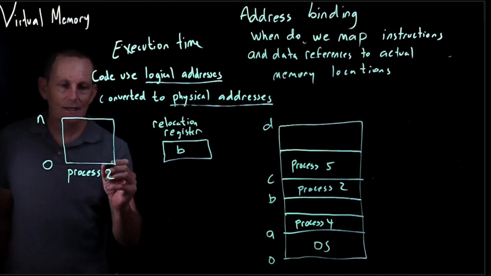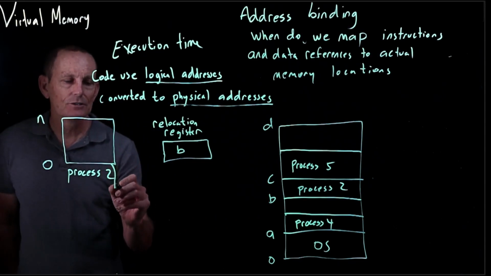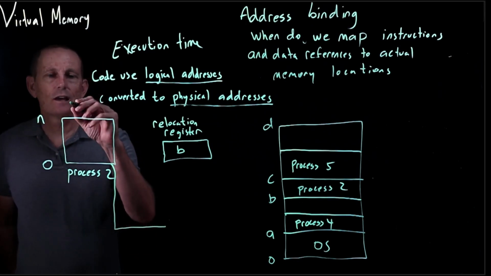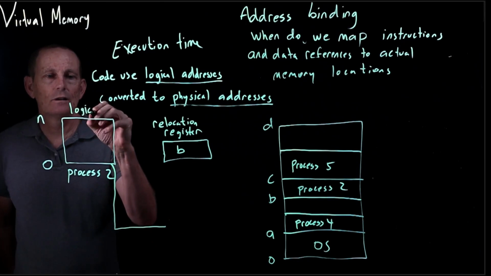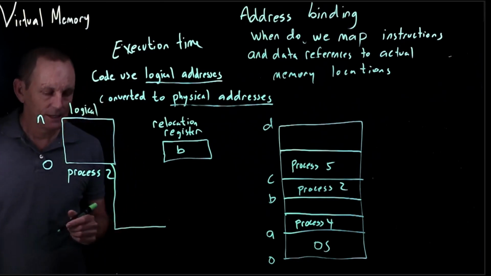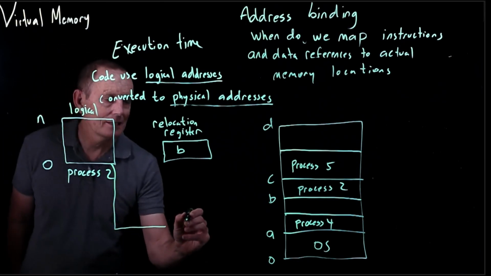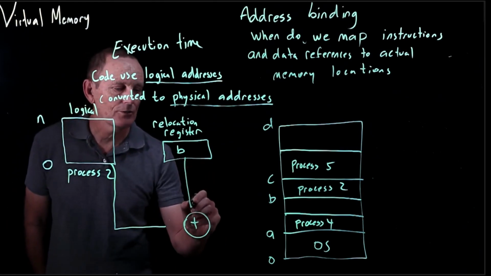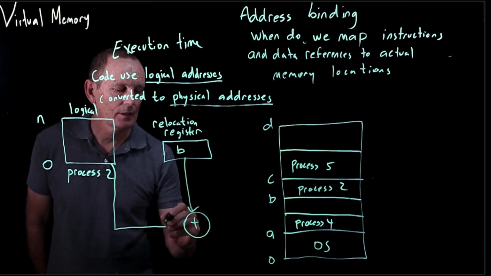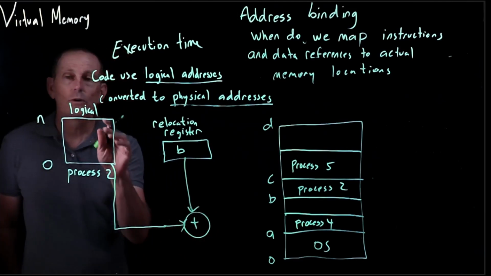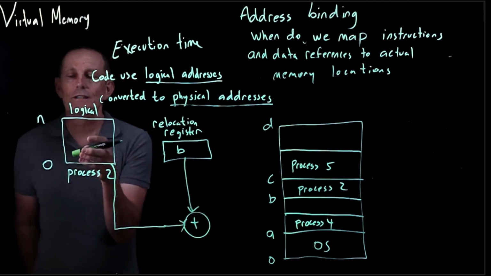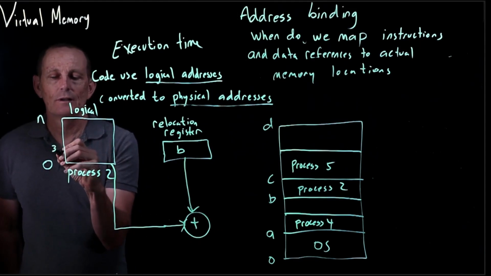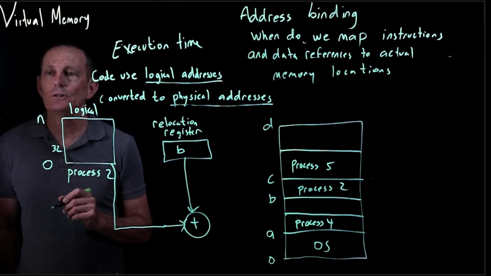And then what happens is any reference to a logical address is going to get added to the relocation register. So we take a logical address, for instance, let's say address 32.